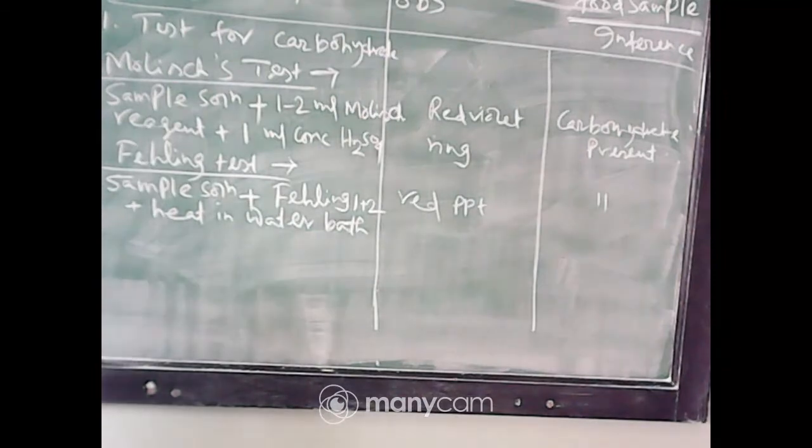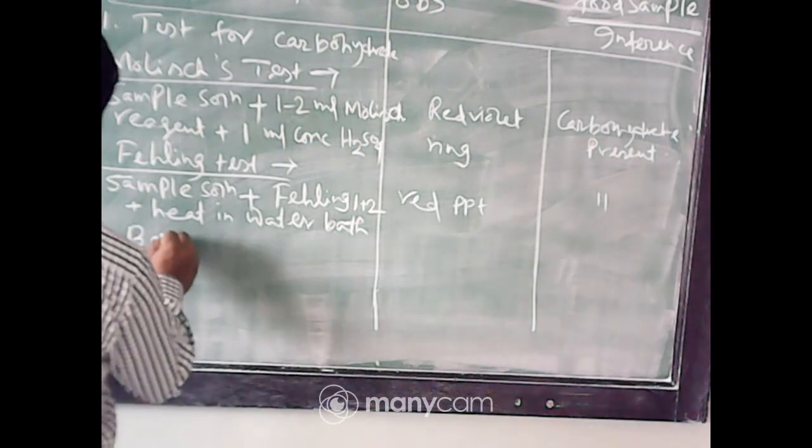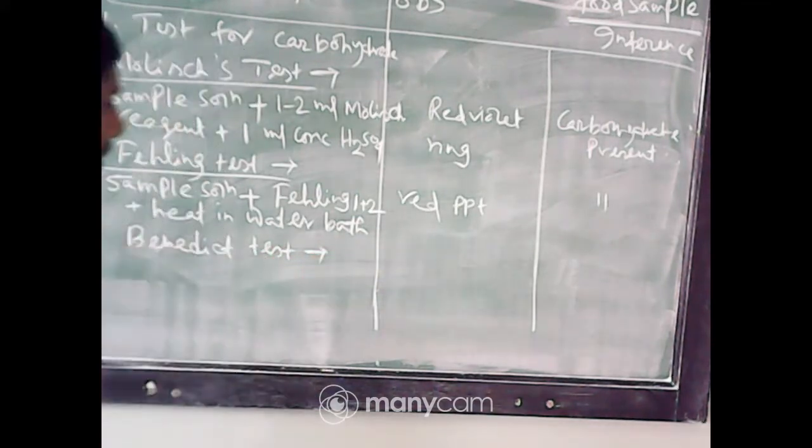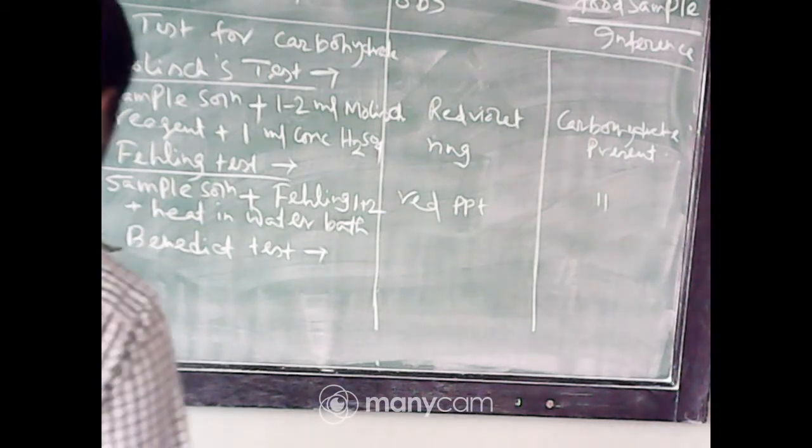Then test C is the Benedict test. The Benedict test is also performed with a reagent called Benedict reagent. It is prepared from sodium citrate, sodium carbonate and then copper sulfate. This is a time taking process.